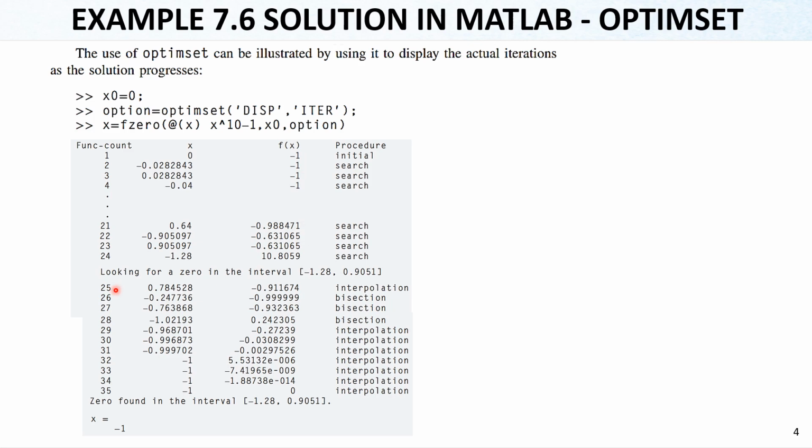Then it says looking for a zero in the interval of -128 and 0.9 over here. Then it turned itself to bisection, then converged to a result around -1, then moved on to interpolation again to reach the exact value, and it found a zero in this interval, and it gives this eventually. You can give it a try in MATLAB and see if you can get the same results. You should be able to get the same things whether you use the option or not. You can see the results will be the same.